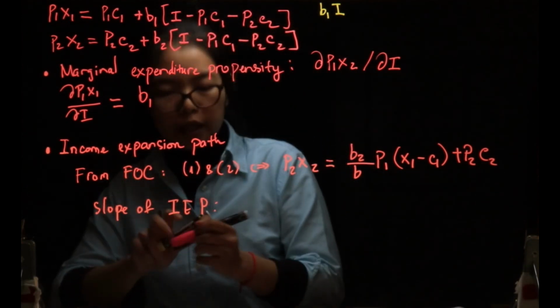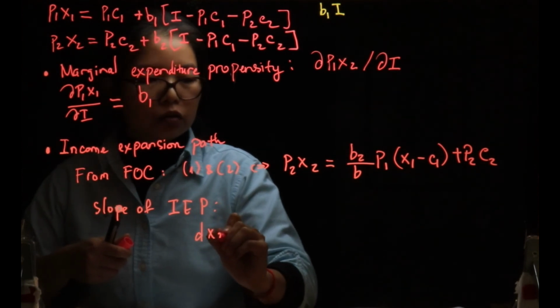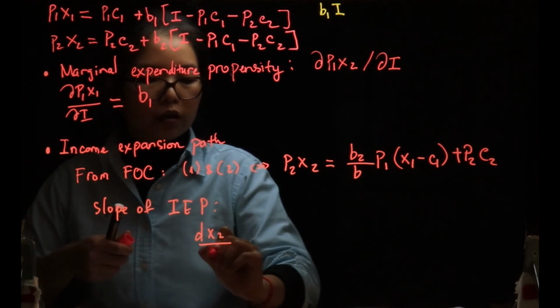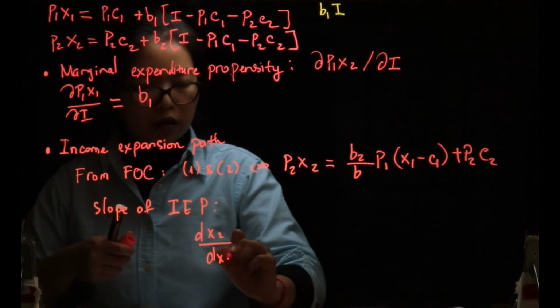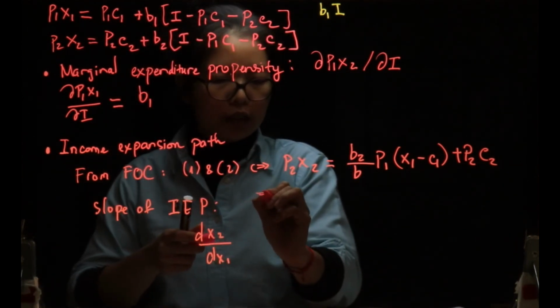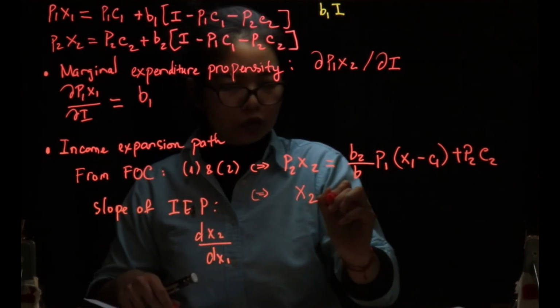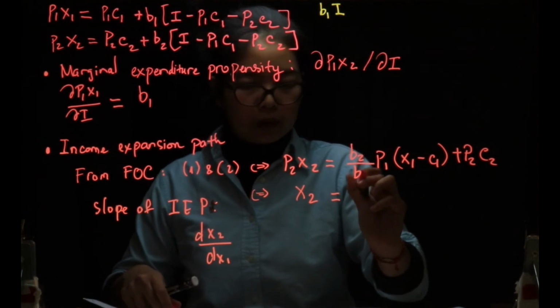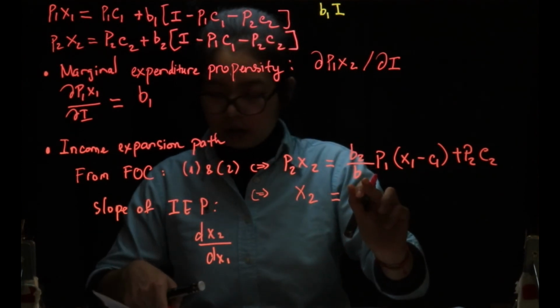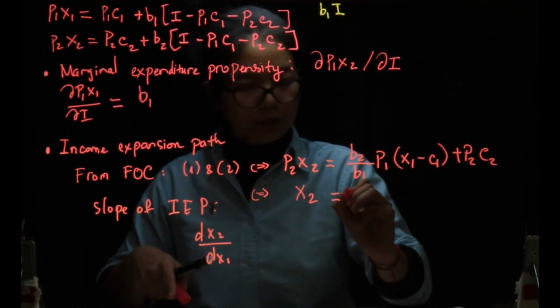Because the slope is dx2 over dx1, right? So here actually we have to write it a bit further, which is x2 equals, so there's b1, sorry, one missing.